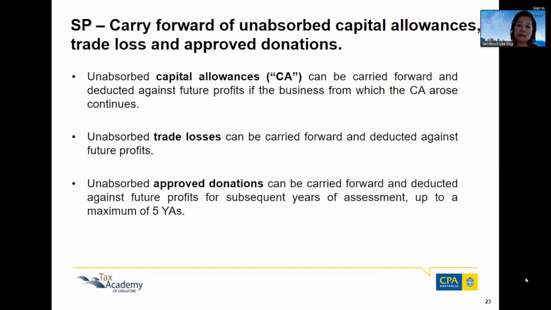Similarly, for trade losses, they also can carry forward. But for CA, there's a condition. When you carry forward the CA, make sure that the same business continues in the following YA. Approved donation can carry forward up to 5 YA.